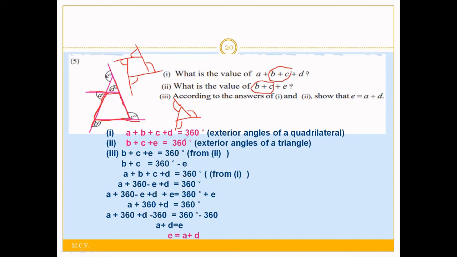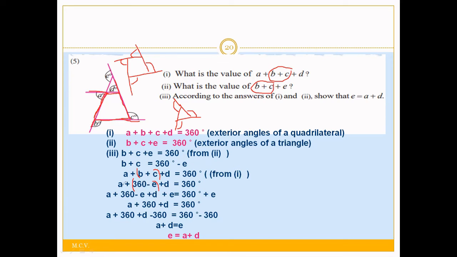Now get the result of part 1. So write the reason as from 1, because we wrote this result from Roman number 1. Now in the place of B plus C, substitute this: B plus C is 360 minus E. Remove this B plus C and put 360 minus E in that place.